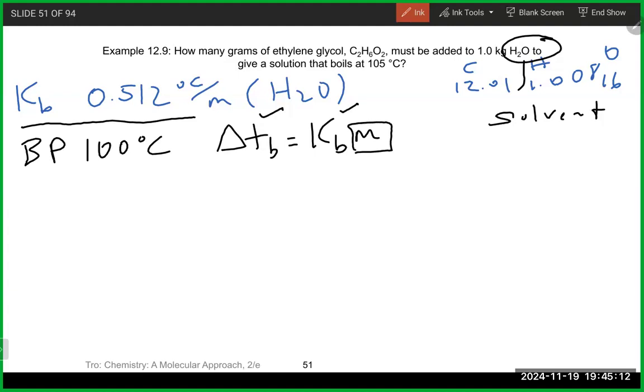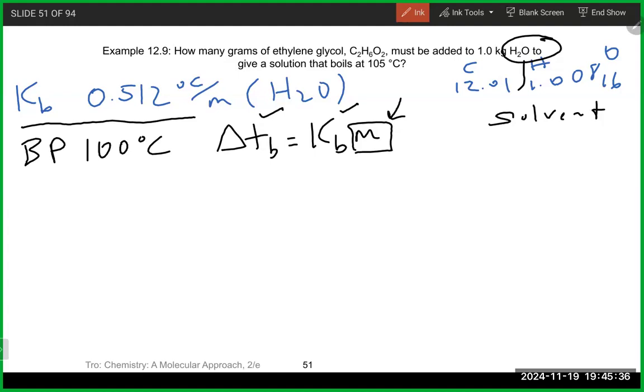This once again will allow us to get to the molality, which is our moles of our solute over kilograms of solvent. And then we can figure out the moles of our solute, and then the molar mass will give us the grams of it. So once again, here we're going to use our boiling point information to get to the molality and use that to figure out really what the question is asking for.